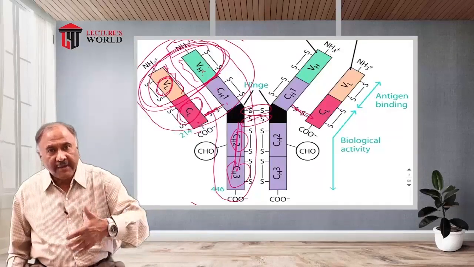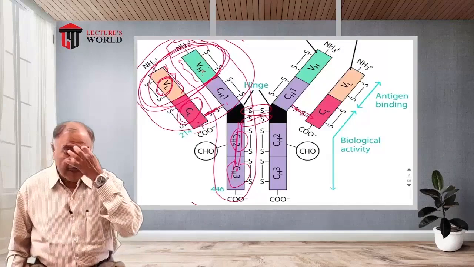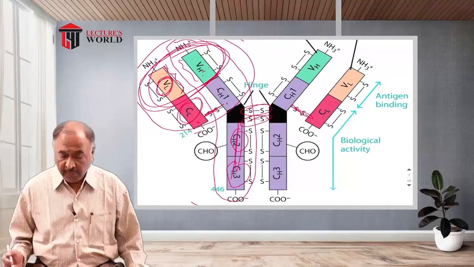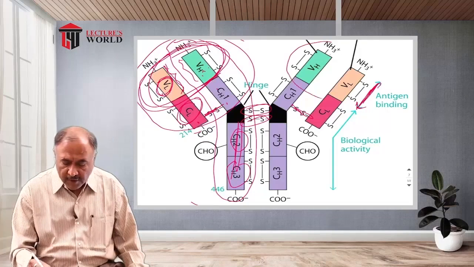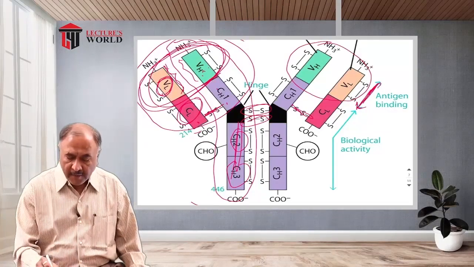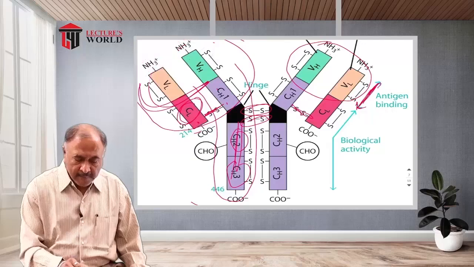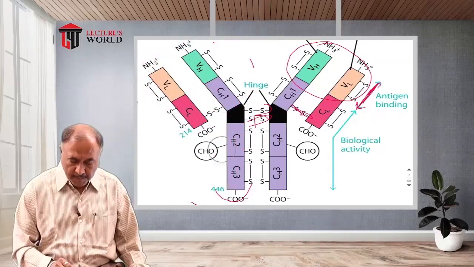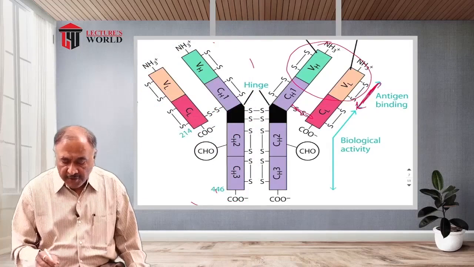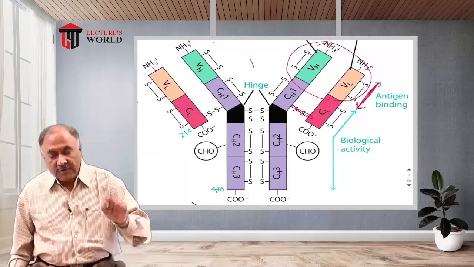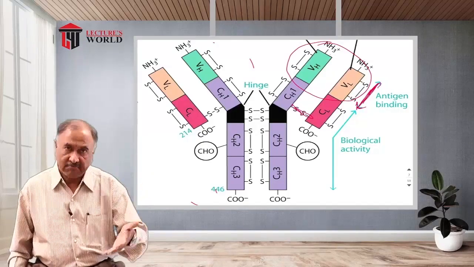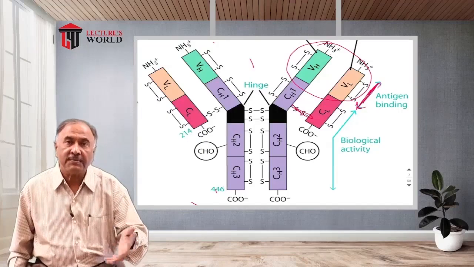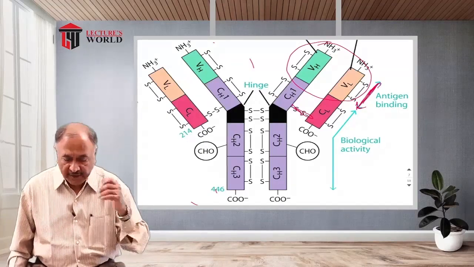Now, if we go further in detail, then you will find that this portion, as I have told you, is the variable region. So this variable region is also called the antigen binding site. I just told you it is responsible for binding with the immunogen or antigen.